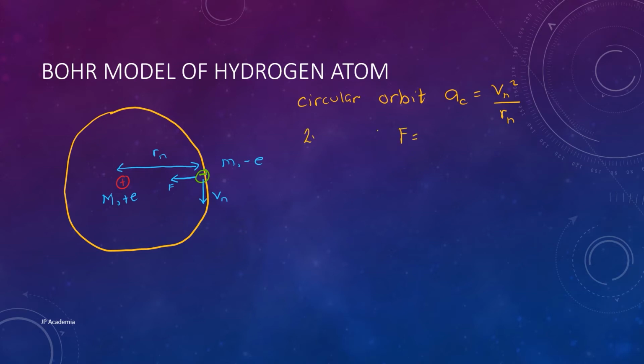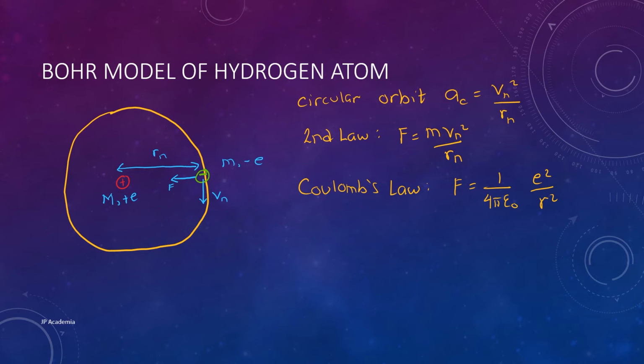And using the second law of Newton, the magnitude of the inward force is expressed as this. Then this force F is the same as the electrical Coulomb attraction between these two charges. So we have the following. Using the second law, we have this final form of the Coulomb's law, and this force is due to this centripetal acceleration.